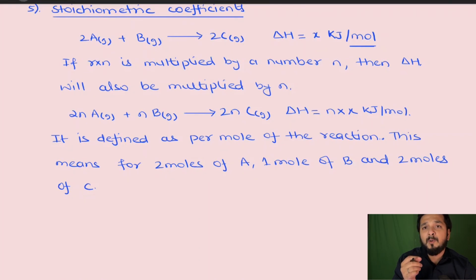Next, we'll discuss the different types of heat of reaction, in which we will cover heat of formation, heat of combustion, heat of neutralization, heat of solution, then heat of ionization, heat of electron gain enthalpy. So there will be multiple heats of reaction which we are going to cover in the coming videos.